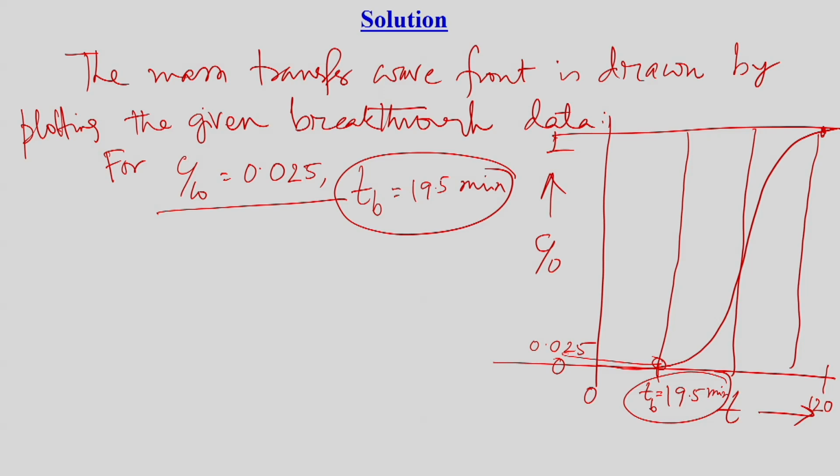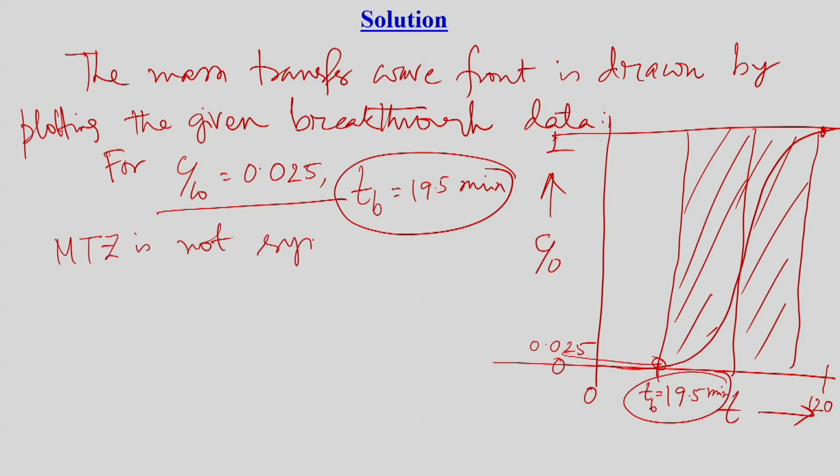The mass transfer zone here is not symmetric. Whenever we plot this, we find that it is not purely symmetric, whereas what we discussed during the mass transfer zone calculation assumed that it is symmetric.